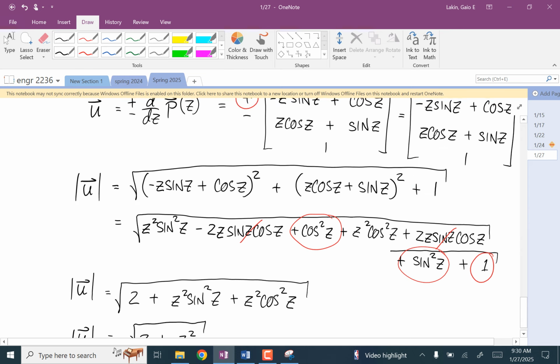And that's it. So at any z value, this is a unit vector in the direction that the object is moving. Okay?